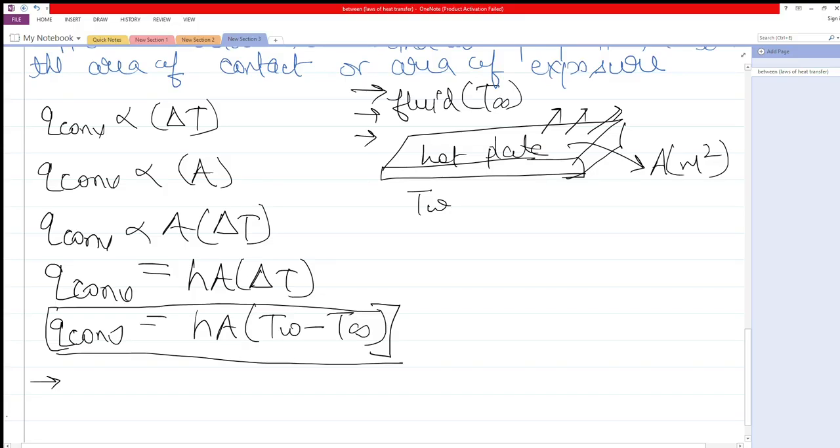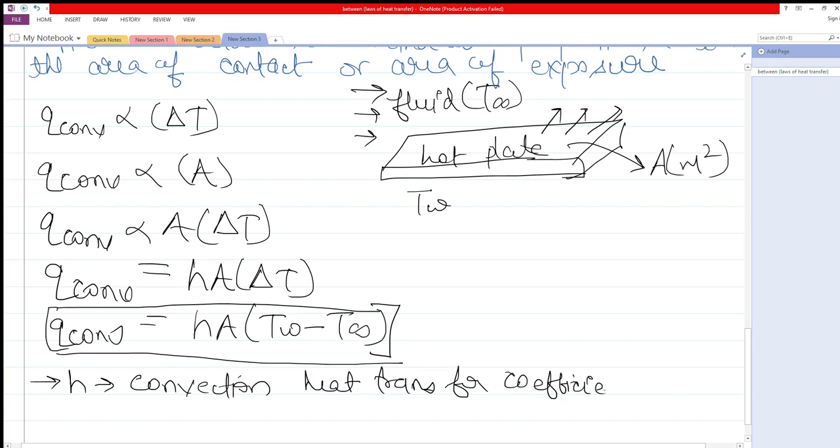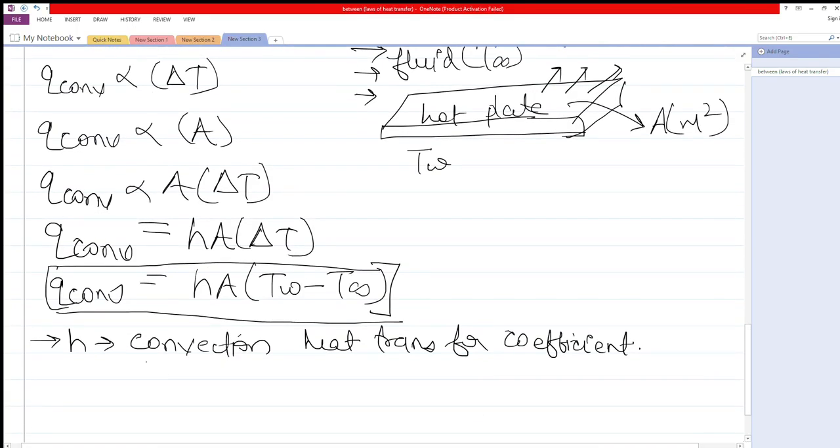h is the convection heat transfer coefficient. Its unit is watt per meter square Kelvin.